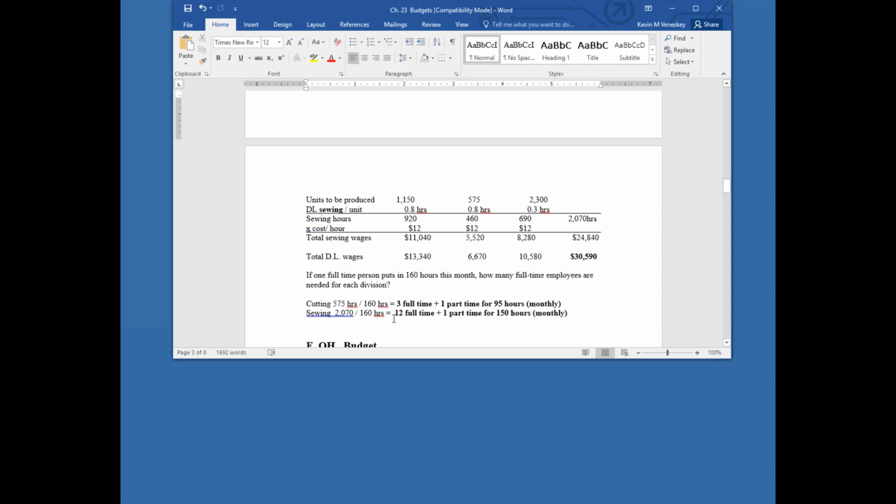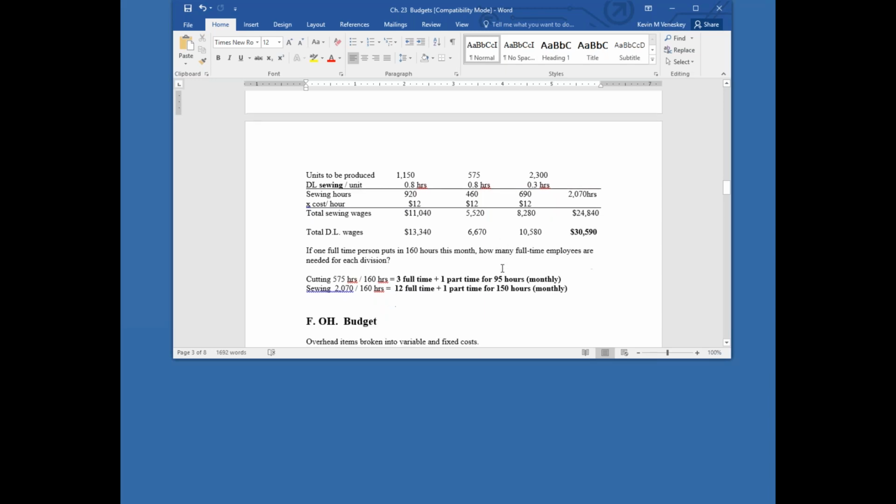If you take 12 times 160, you get 1,920. Then you subtract that from how many hours you need in total, and you get 150 hours remaining. That's our part-time person, almost enough for 160 for a full-time.